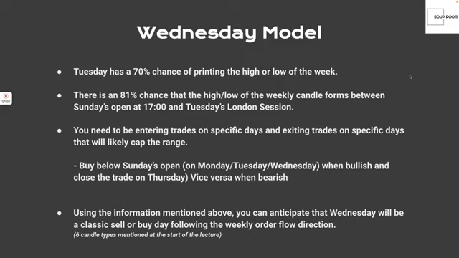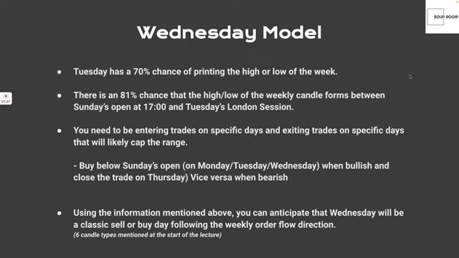Buy below Sunday's open on Monday, Tuesday, or Wednesday when bullish, and close the trade on Thursday. Vice versa when bearish, so that means sell above Sunday's open on Monday, Tuesday, or Wednesday when bearish, and close the trade on Thursday.